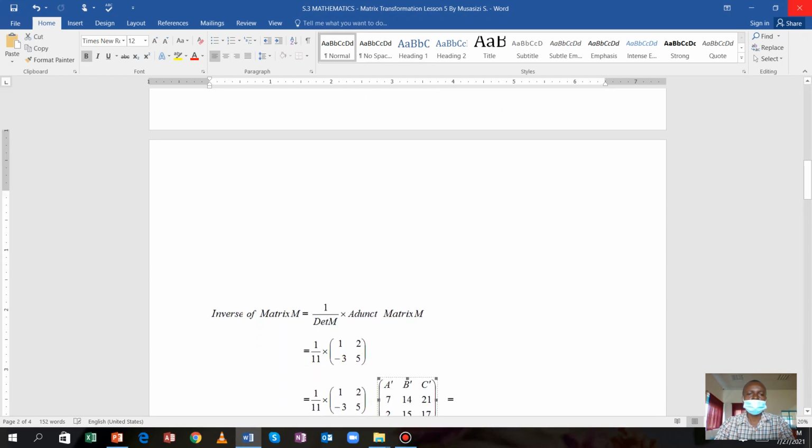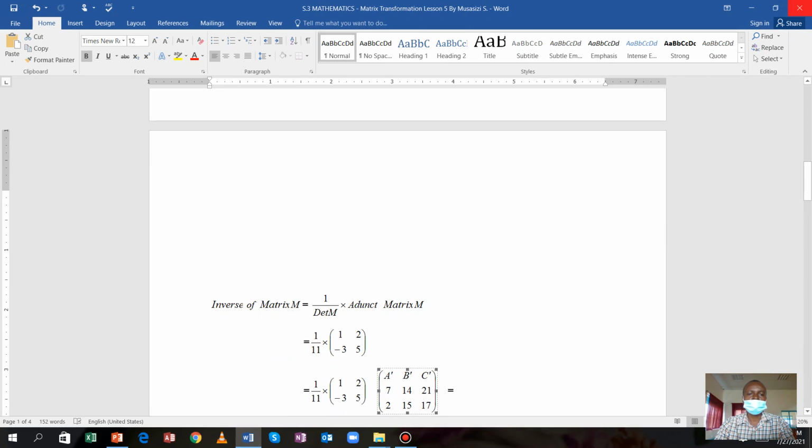So what's the inverse of that matrix? Inverse is got by getting 1 over the determinant of the matrix times the adjoint matrix. The determinant you have already got as 11. For the adjoint matrix, you interchange the figures on the leading diagonal.